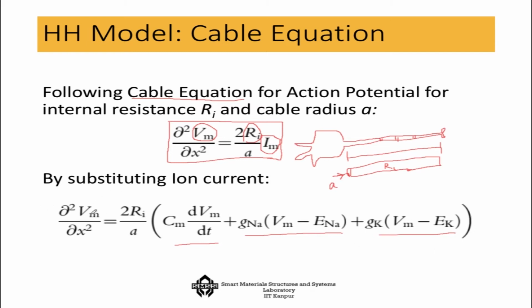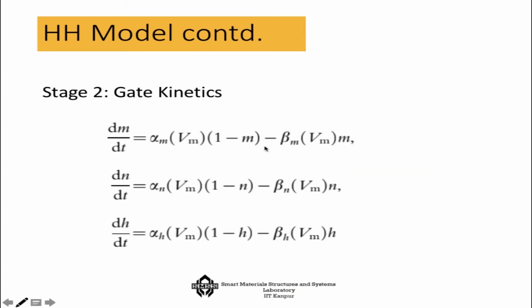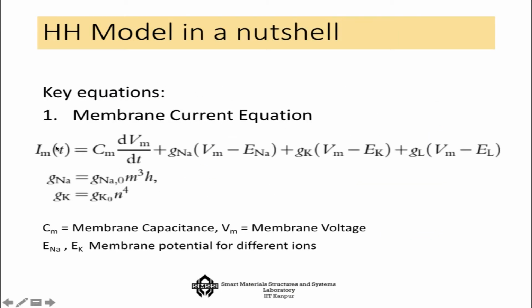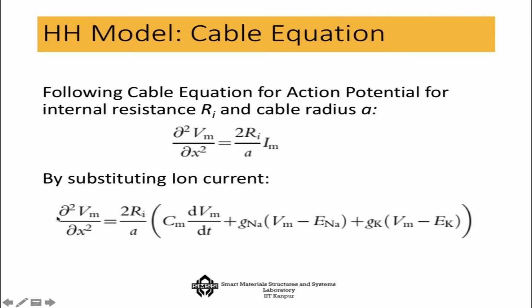So if you substitute the Im from the earlier relationship, that we derived in equation 1, you are going to get this complete relationship, which gives you the relationship between the spatial rate of change of the membrane voltage and the temporal rate of change of the membrane voltage.